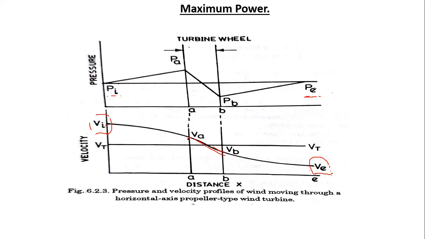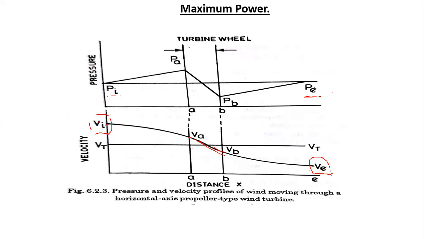So Vi will be decreasing gradually as it approaches Va, and as it leaves, it goes to Ve, and again Vi becomes equal to Ve at exit. Here we can assume some conservation such that Vi is greater than Va, right? Vi is greater than Va and Vb is greater than Ve.